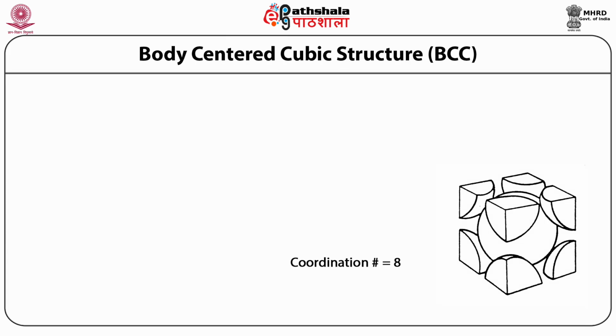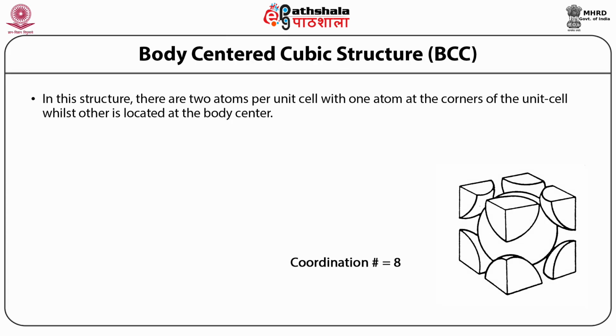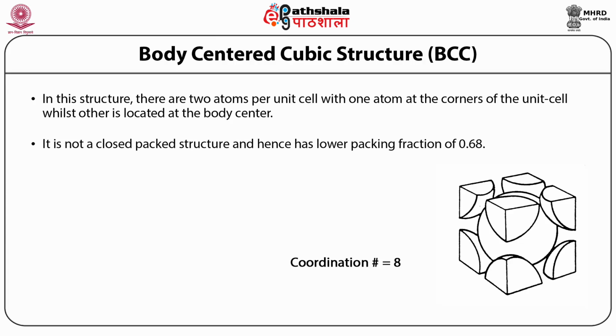Body-centered cubic structure or BCC structure. In this structure, there are 2 atoms per unit cell, with 1 atom at the corners of the unit cell, whilst the other is located at the body center. It is not a close packed structure and has a lower packing fraction of 0.68.